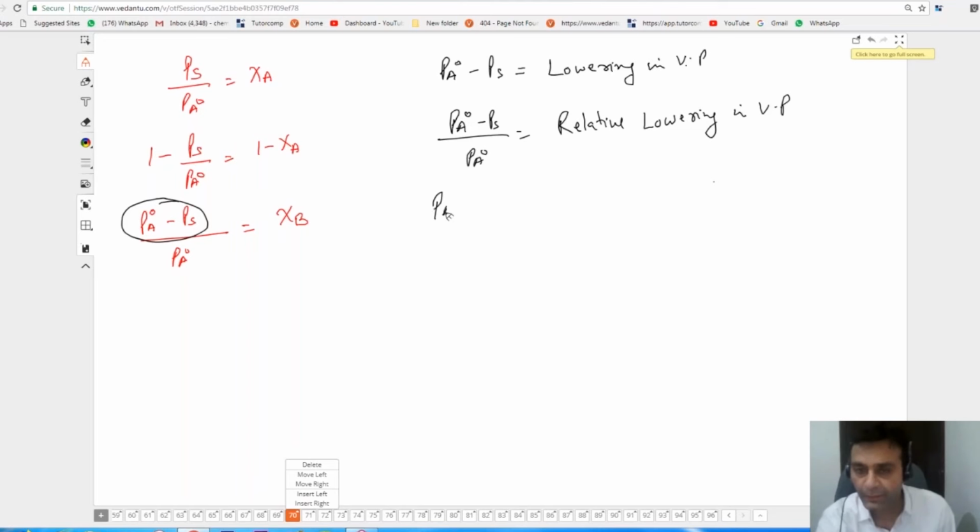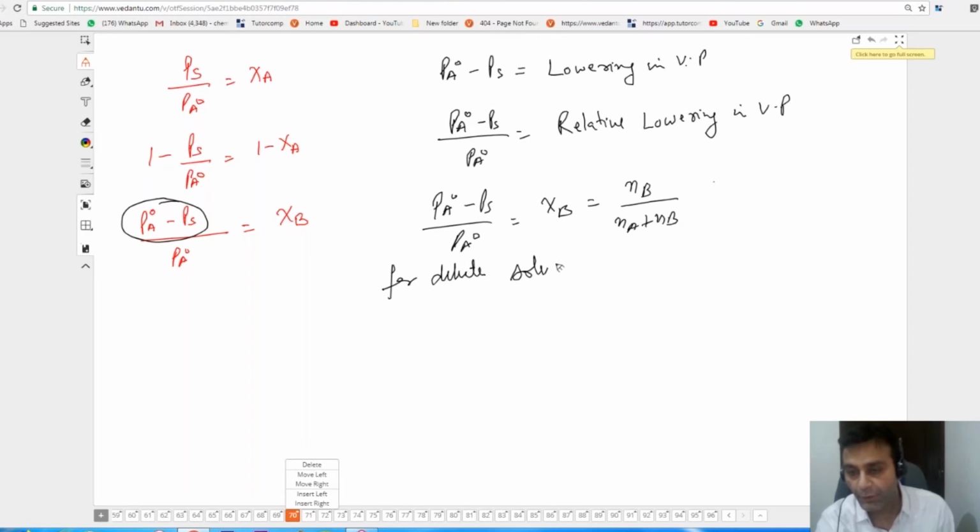And this relative lowering in vapor pressure is equal to mole fraction of B. I can say it is equal to Nb upon Na plus Nb. For dilute solution, I can say the number of moles of B is very, very less as compared to A. So Na plus Nb is the same as only Na.